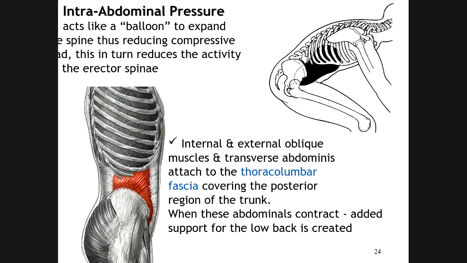Also, with that intra-abdominal pressure, it helps to stabilize and reduces some of the work that the paraspinals have to do. We're talking about just stabilization of the spine. It could be like when you're going to pick up a heavy box from the floor. So that pressure also helps and provides much needed support. Did that clear it up, Frank? Okay.